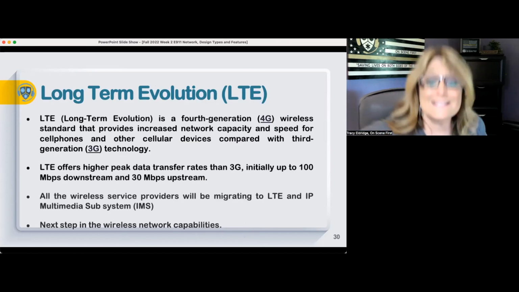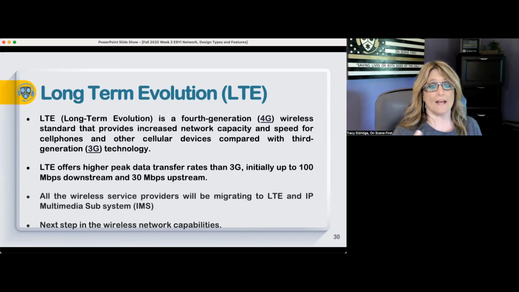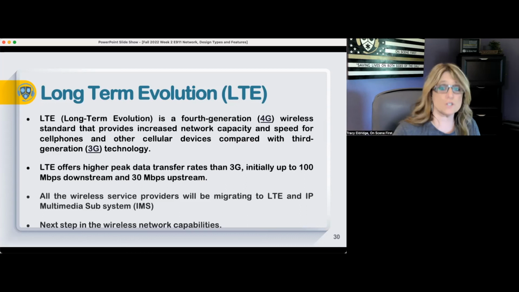And what we're using these days is LTE, Long-Term Evolution. LTE is now moving into the 4G wireless standard that provides increased network capacity and speed for cell phones and other cellular devices compared with 3G technology. LTE offers higher peak data transfer rates, up to 100 Mbps downstream and 30 Mbps upstream.